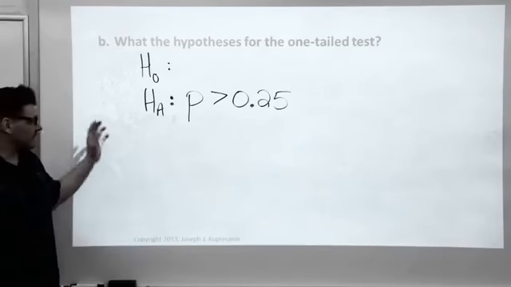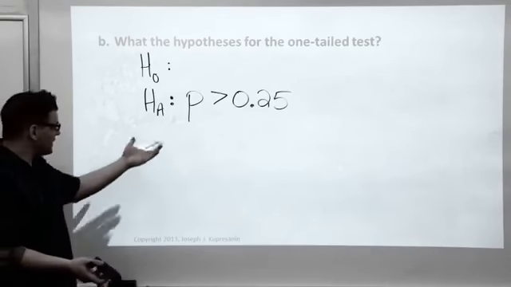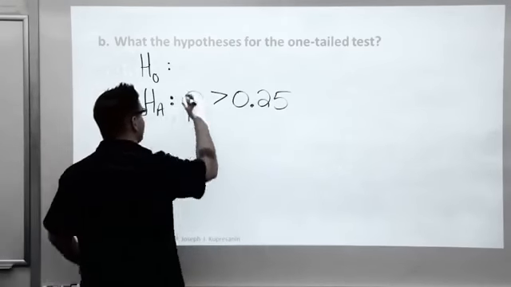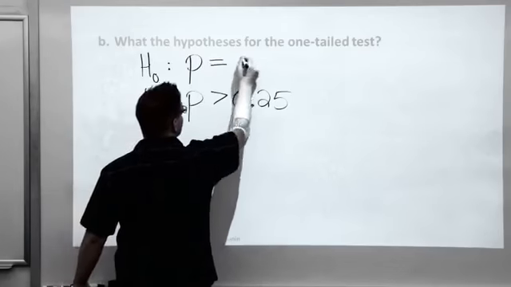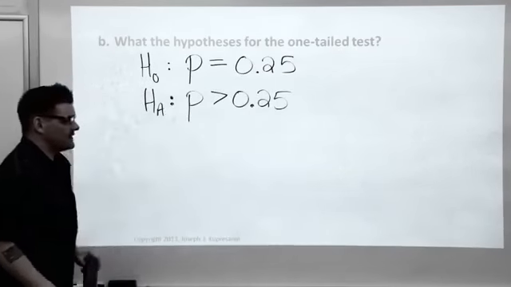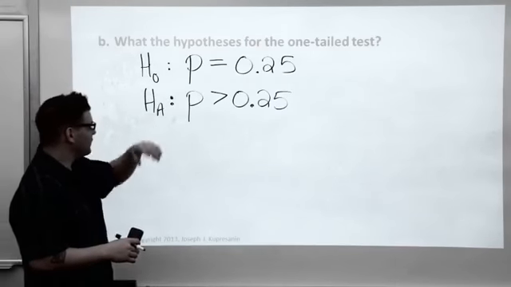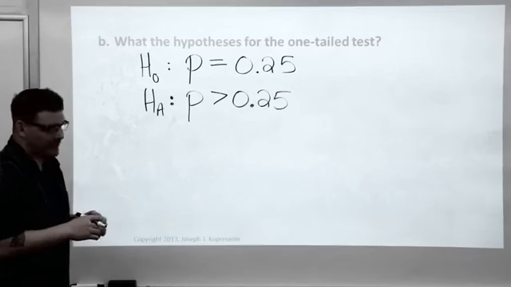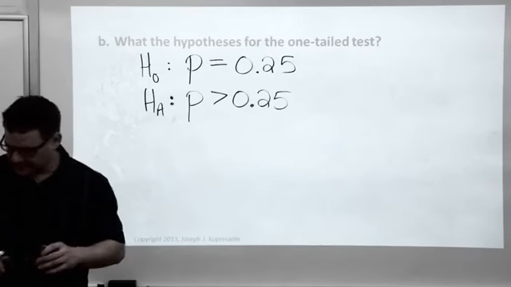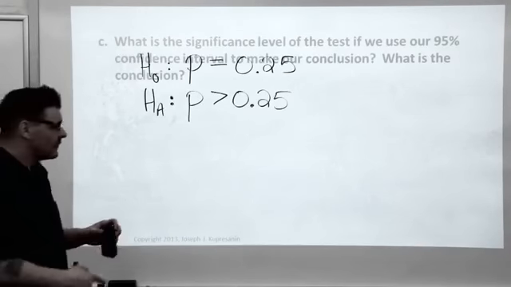I might not always write it down first. I'm looking for evidence of more than a quarter. More than says greater than, P greater than 0.25. At the introstat level, we always just default to equals to. So here are the hypotheses: P equals 0.25 and P greater than 0.25.